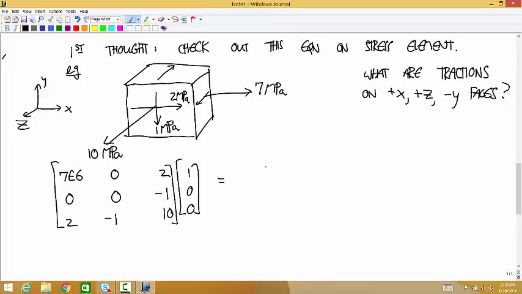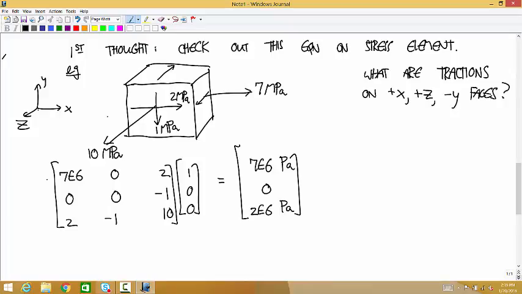And so we get 7 times 10 to the 6, 0, and 2 times 10 to the 6. Any questions about that? That's the unit vector of the x face. Yes, and it has to be the unit vector coming out of the face from the middle of the body.